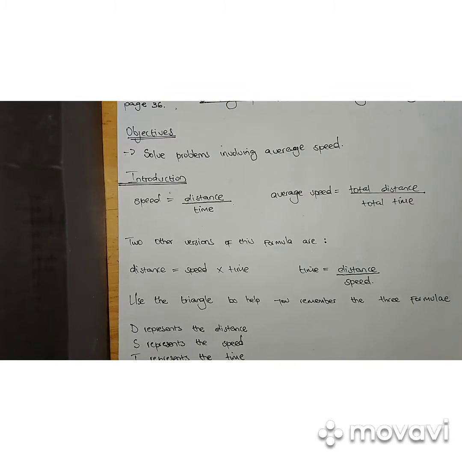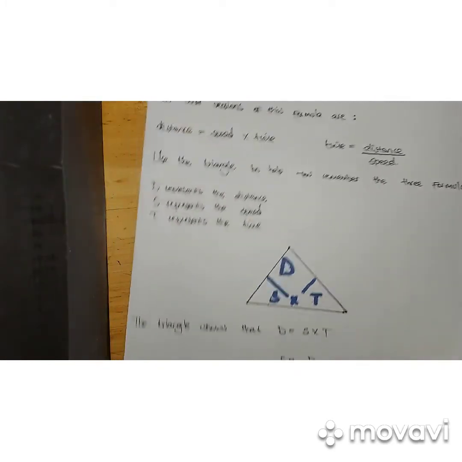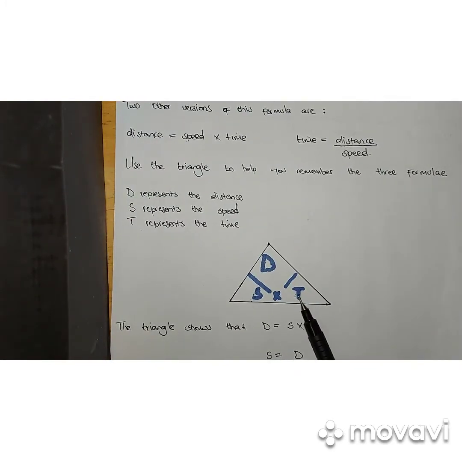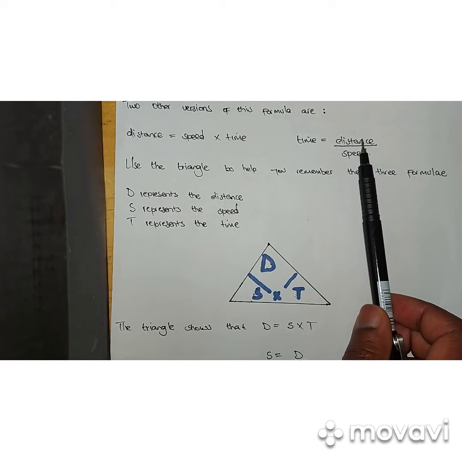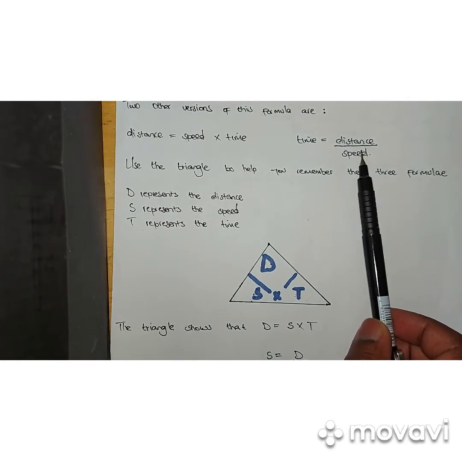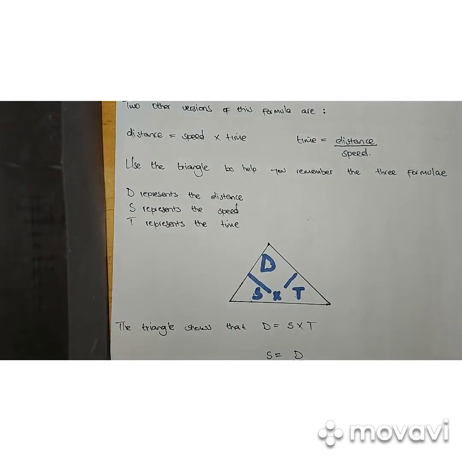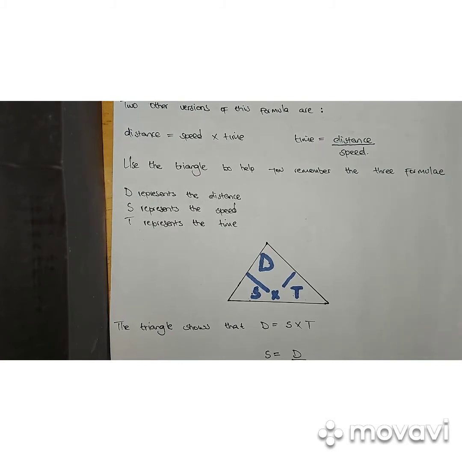What's the formula for speed? Distance over time. However, if you want to calculate time, time will equal distance over speed. The formula for time is distance over speed. So this triangle will help you to memorize the three formulas of speed, distance, and time.